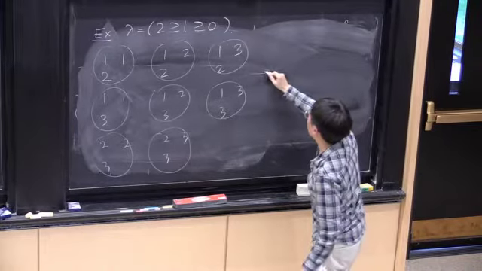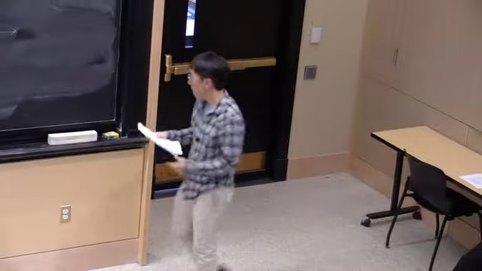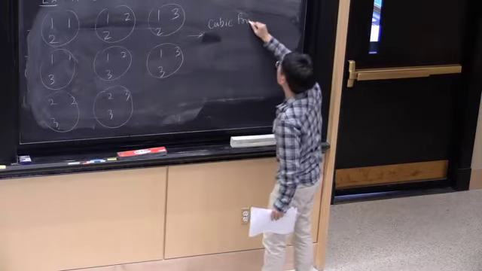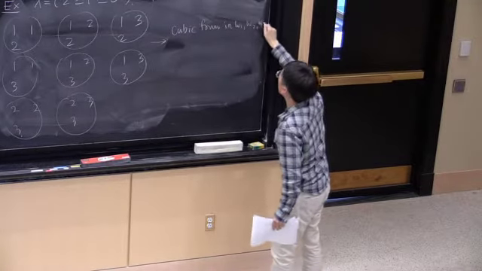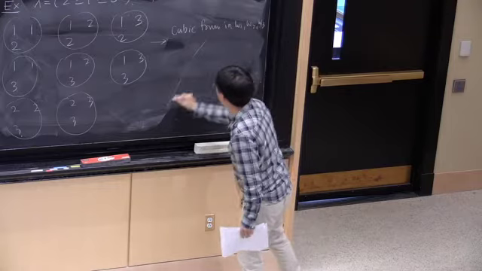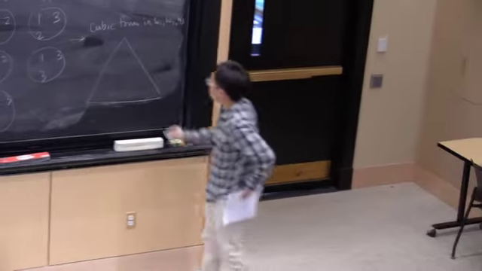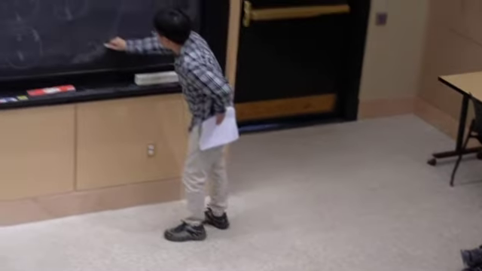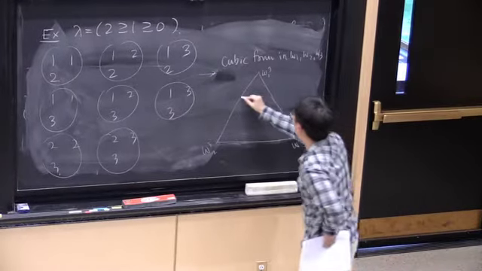So if I sum over all these 8 monomials, then I get a cubic form in 3 variables. If I draw this polynomial in the triangle of cubic forms, here are my cubes, then I get a hexagon.